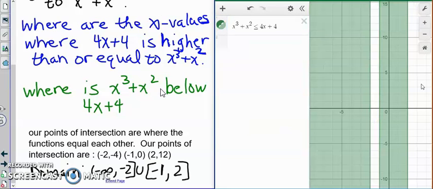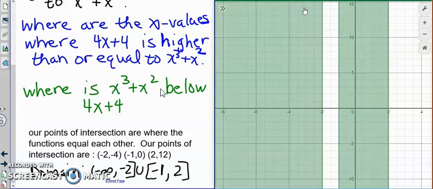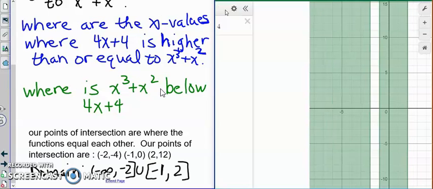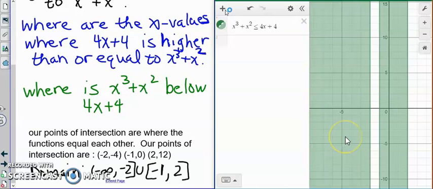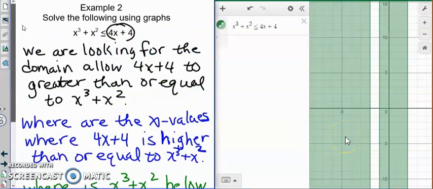So we have these two going on, but again, you have to understand what's being shown here. So we put the whole inequality in, x cubed plus x squared is less than or equal to 4x plus 4. And let's go back up top so we can make sure we have everything right. See, same thing. So we put it directly into the Desmos calculator.